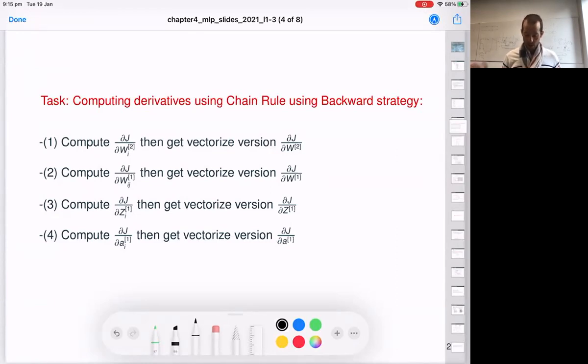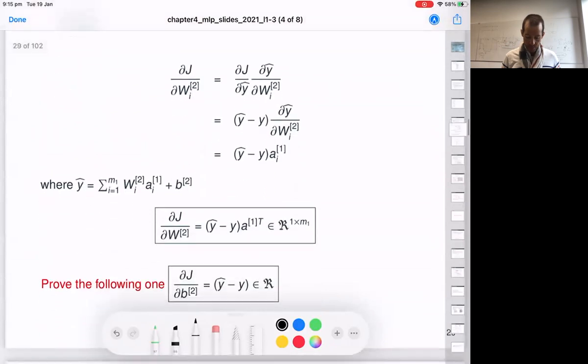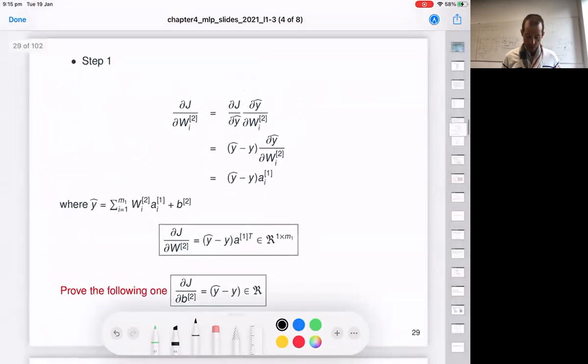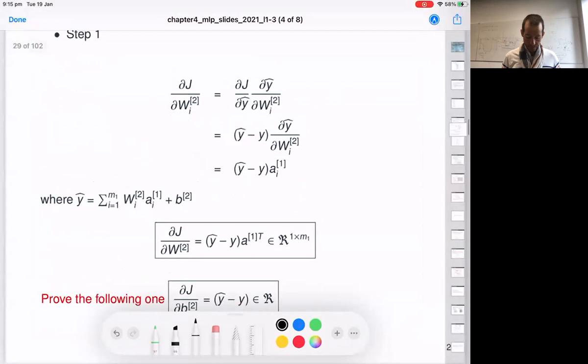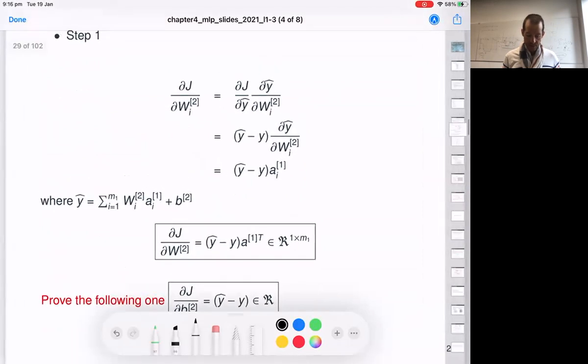Okay? So this is a slide to do as homework, and I put the solution on the slide. But try to go through these steps. I think you did this during your assignment, because you had to program this during your assignment. Make sense?